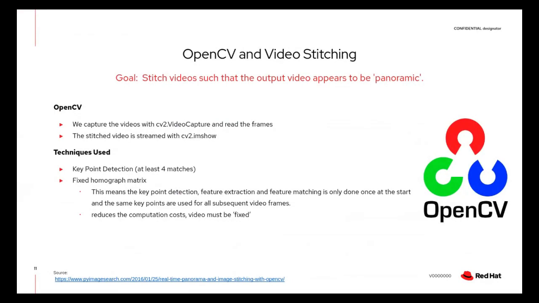We also used a fixed homography matrix. This means that the key point detection and feature matching is done once at the start, and then the key points are used for the subsequent video frames. This reduces computational cost, but the really important thing to know is that the video must be fixed, or the camera that you're shooting with has to be still.